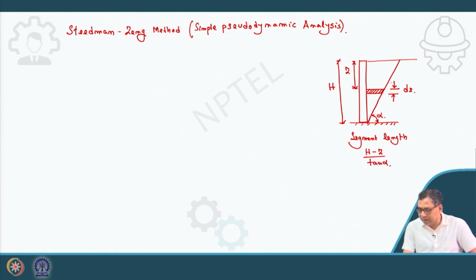If this is alpha, then tan alpha will be equal to H minus z, because this is z and this is H, divided by the segment length.